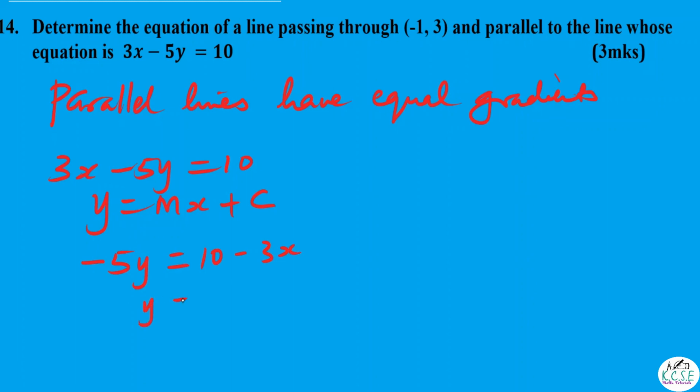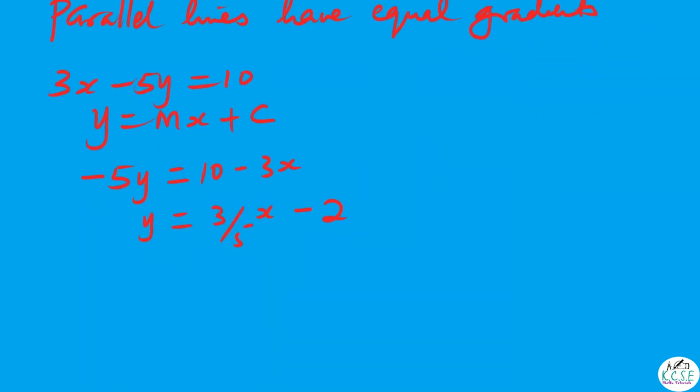You can reorganize this, so it will be y equals 3 over 5 x minus 2. That is the equation written in the form y is equal to mx plus c. Therefore, the gradient of this line is equal to 3 over 5.